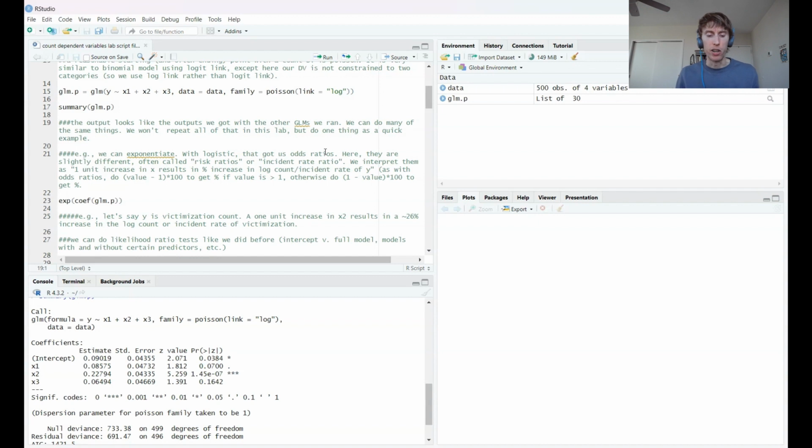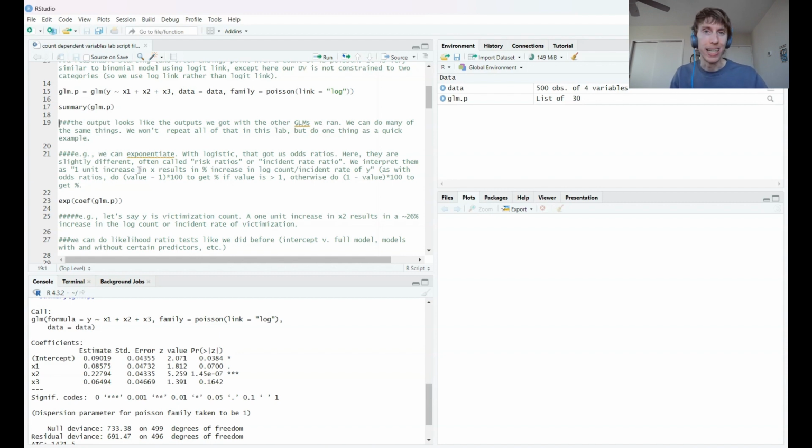When we did a binomial model and used the logit link and then exponentiated the coefficients, we got what are called odds ratios. Similarly here, we're going to exponentiate, but they're going to be called something different. Often they're called risk ratios or incident rate ratios, but they're interpreted roughly the same way.